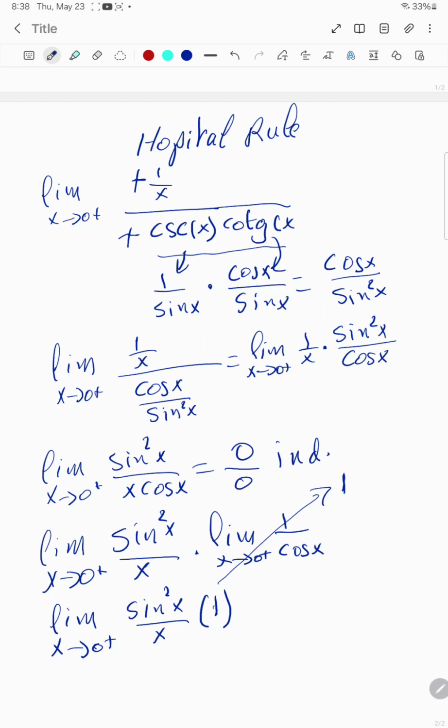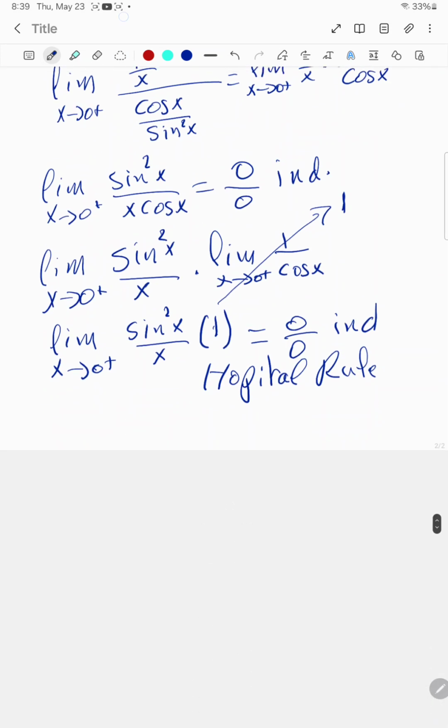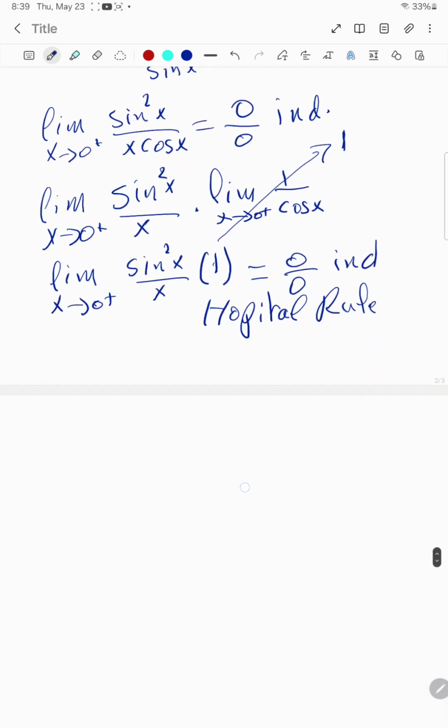And now sine of 0 is 0, divided by 0 is indeterminate, and I can apply L'Hopital's rule again. So I know the limit when x goes to 0 plus, the derivative of sine square of x is 2 sine of x multiplied by the derivative of sine, which is cosine of x, and the derivative of x is 1, divided by 1.